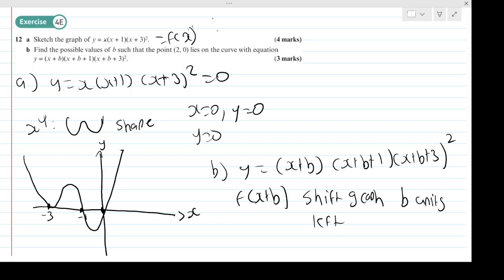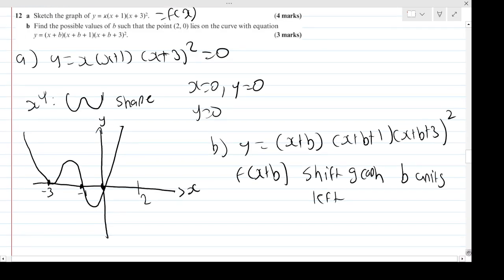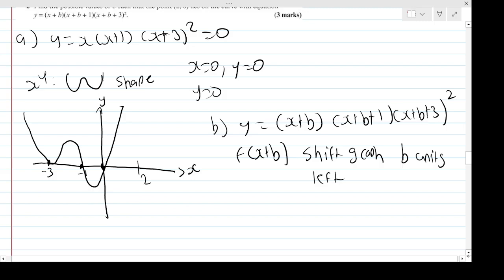So (2, 0) is going to be there. That's where I want the curve to go to. So basically, I need to visualize moving the curve left or right in order to then pass through here. And you can try and visualize it yourself. Okay, so how are we going to do that then? Well, it's on the x-axis, isn't it?